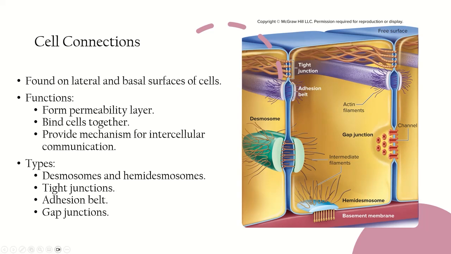As well as hemidesmosomes to bind, or integrins that bind the cell to the basement membrane. Okay, so you can have desmosomes or hemidesmosomes, like semicircle, tight junctions, adhesions, and gap junctions, which is shown here, right? And that's where your signals are being transferred through.